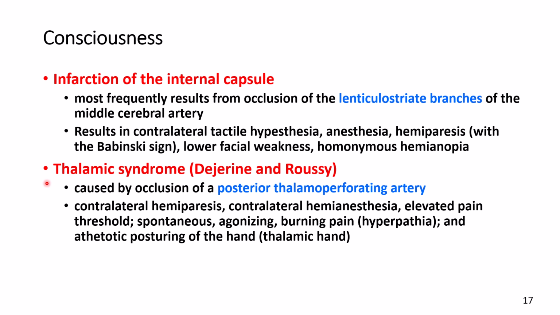Another disease is thalamic syndrome, and that is caused by occlusion of the posterior thalamoperforating artery. Here again you get a contralateral hemiparesis and contralateral sensory loss, but you also get something else. There is a change in the pain pathways.